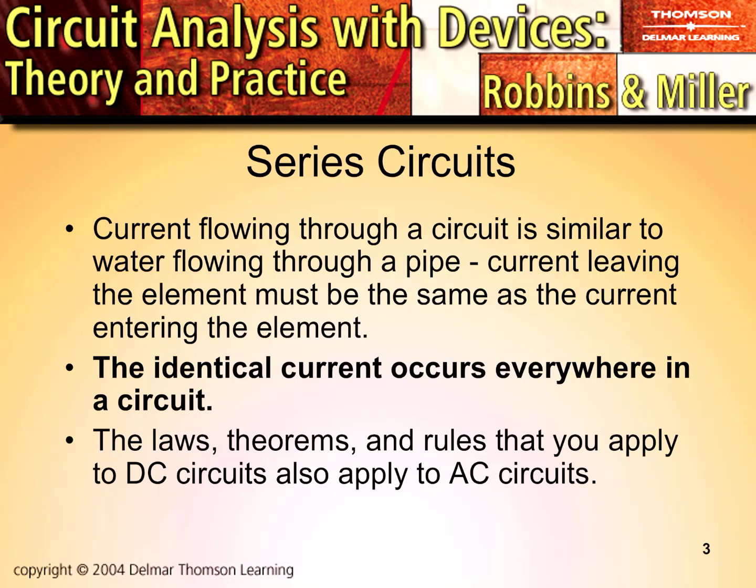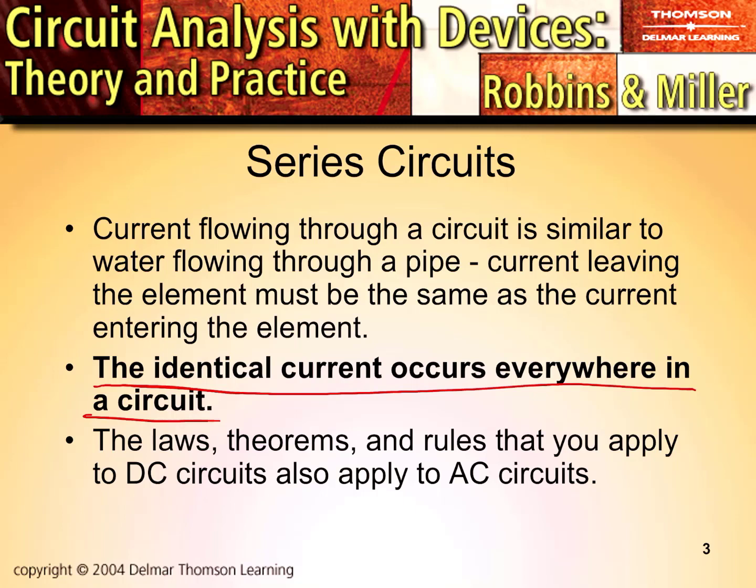This is a property of series circuits that's used all the time. For the series connection, we have identical current everywhere in the circuit. And this is very important because it doesn't matter whether we're talking about circuit design, circuit troubleshooting, circuit analysis, or problem solving.